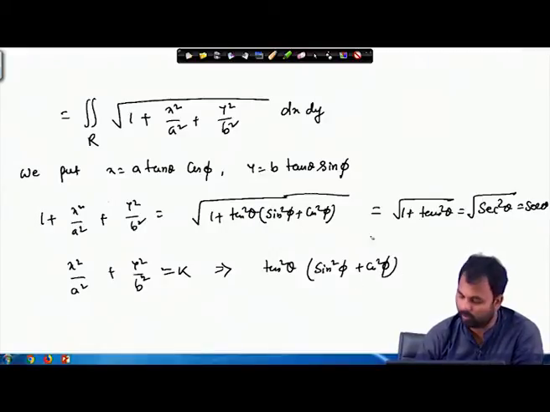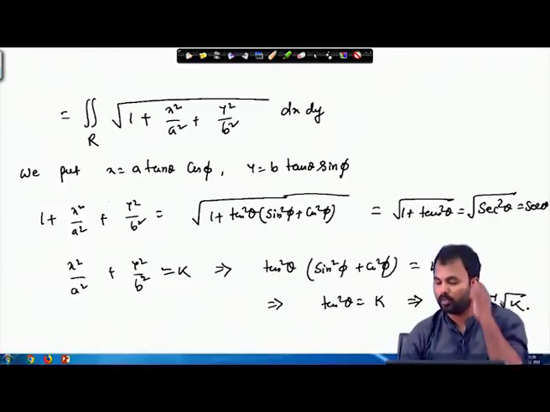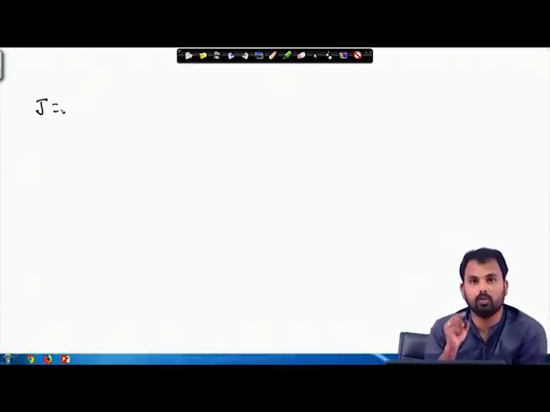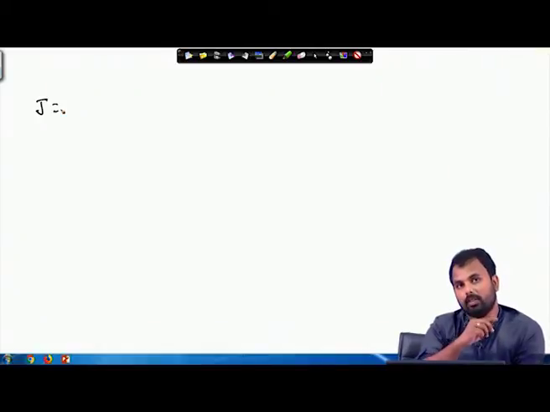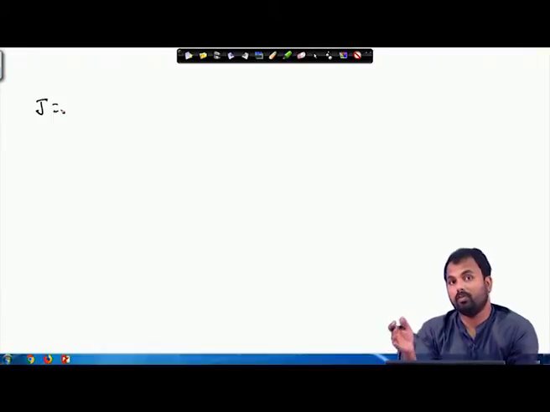Due to this change of variable, the surface will also change in that variable, and therefore this will be tan square theta equals k, and from here we obtain theta equals tan inverse square root of k. All right. So we have got the value of theta, and now if we do the change of variable, then we also have to calculate the Jacobian. You remember from the change of variables part that if we want to change the variable, we can, but we also have to introduce a Jacobian.